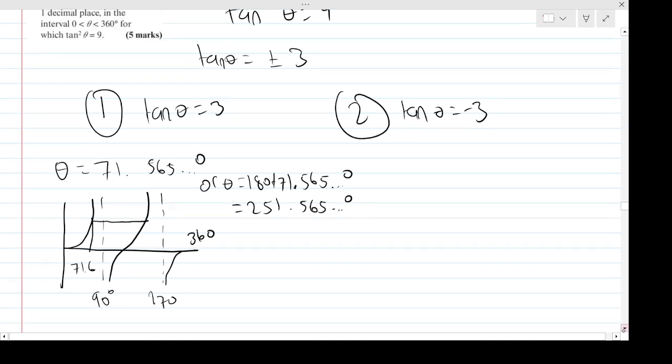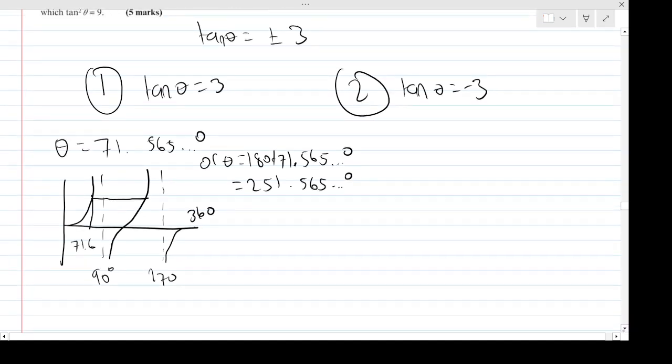So those are the only two solutions between 0 and 360, as you can see on the graph. Therefore theta is 71.6 or 251.6 degrees to one decimal place. Alright, so those are all the solutions arising from that equation.